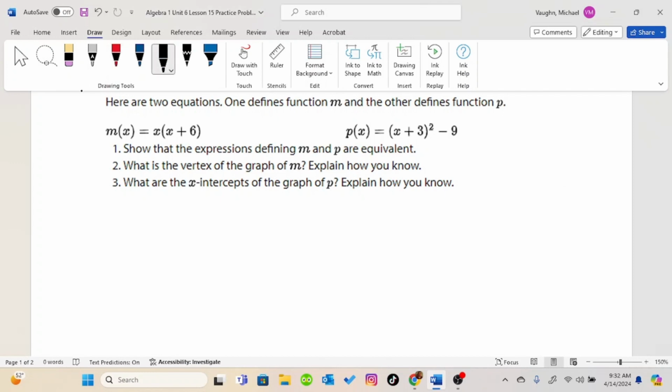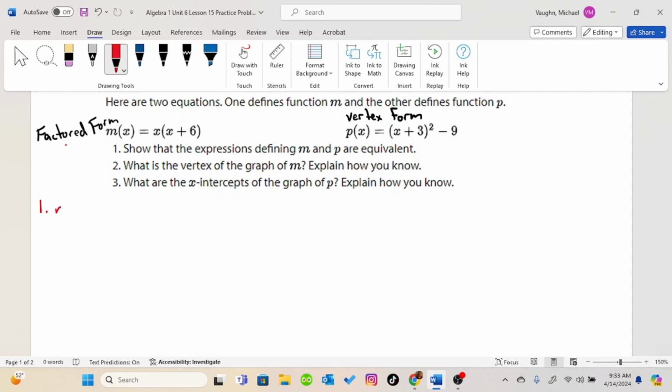So what you might notice is that m is in factored form and p is in vertex form. So to show that they are equivalent, what I can do is turn them both into standard form.